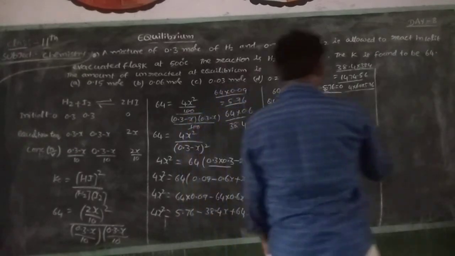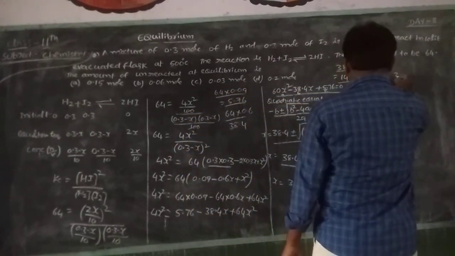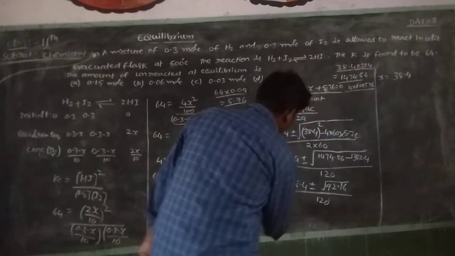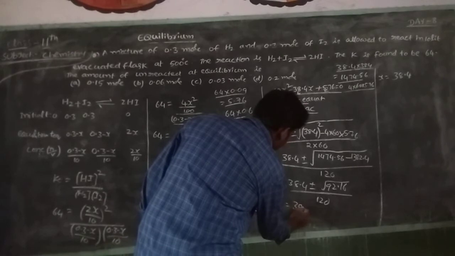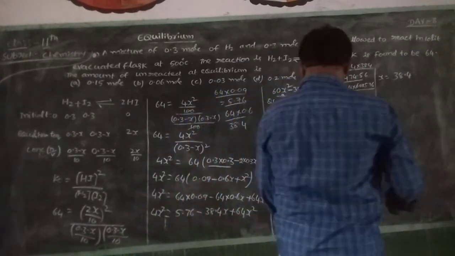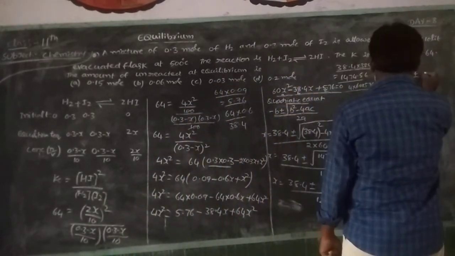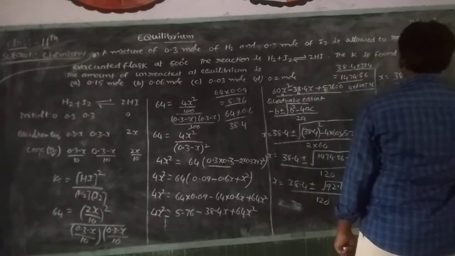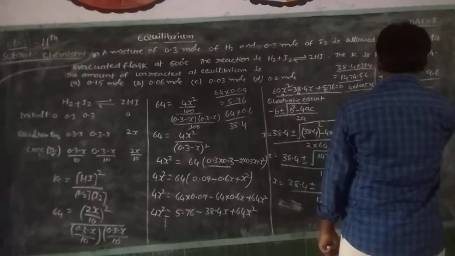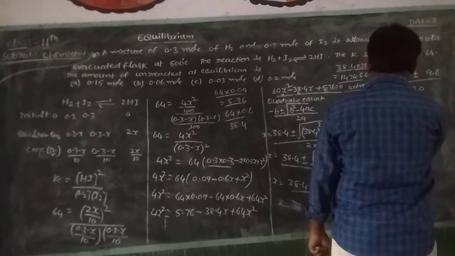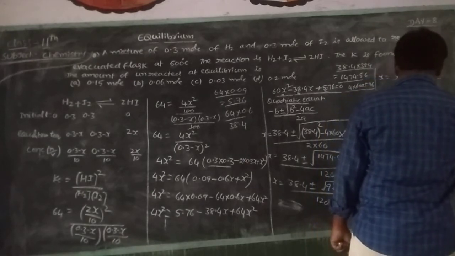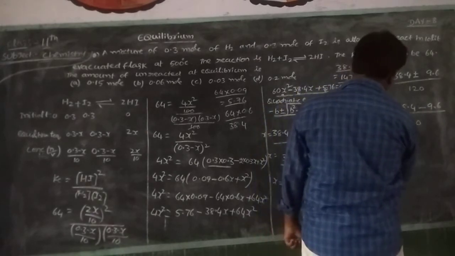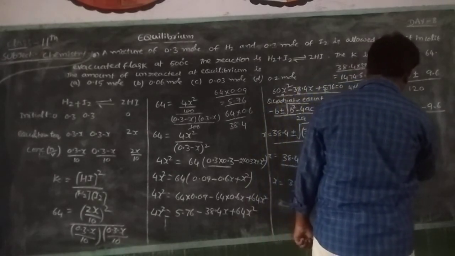This is the x is equal to 38.4 plus or minus root 92.16 means 9.6 upon 120. We have to calculate 38.4 minus 9.6 by 120. Have to calculate x is equal to 0.24.